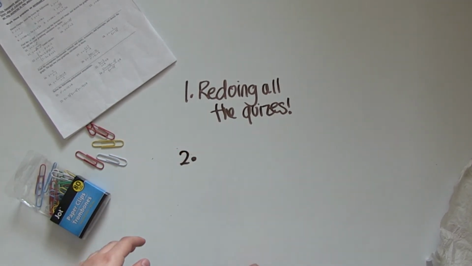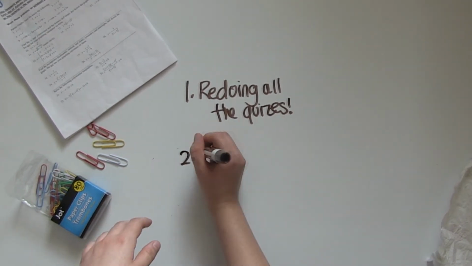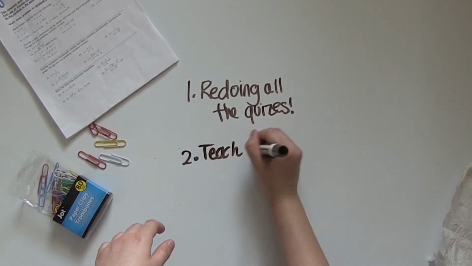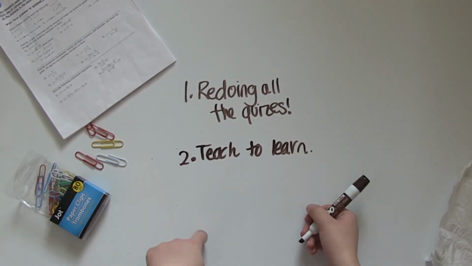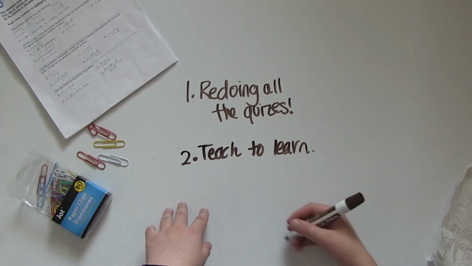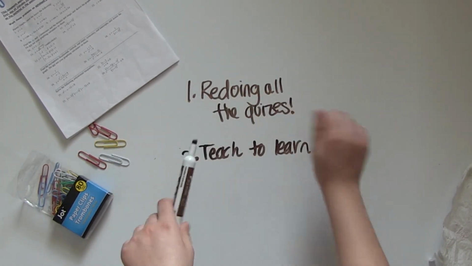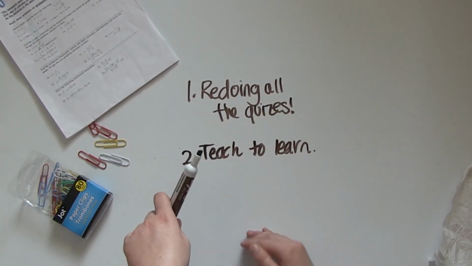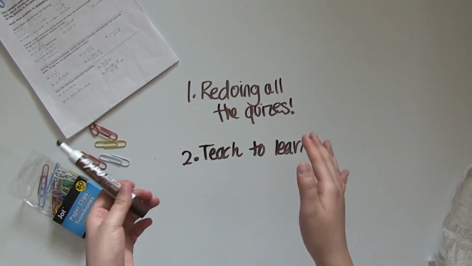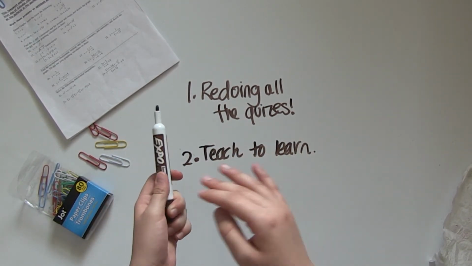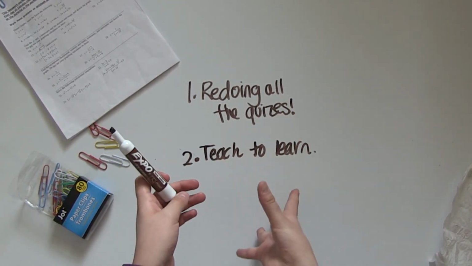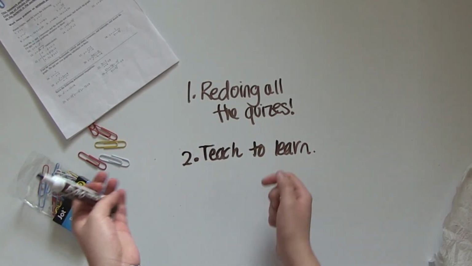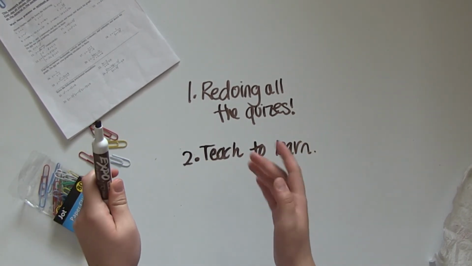And then the second point is teach to learn. Now that's why I have a whiteboard, because I think writing it on a whiteboard and saying it out loud like you're teaching it to someone, even though there's no one in the room, will help you understand the material better than sitting down and just learning it by yourself.